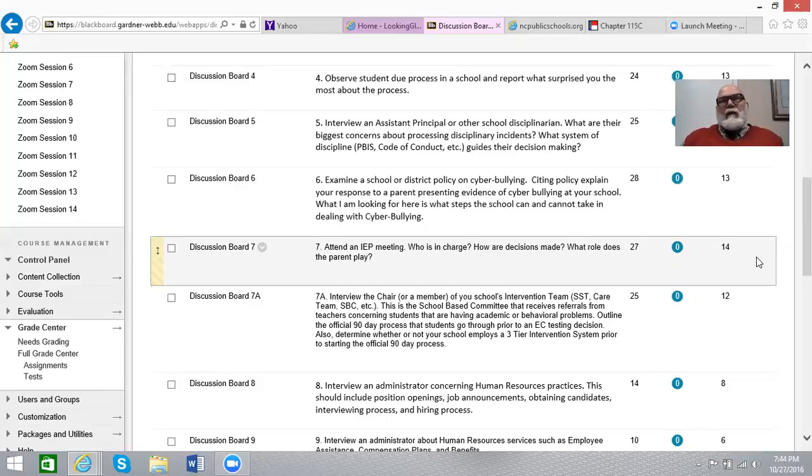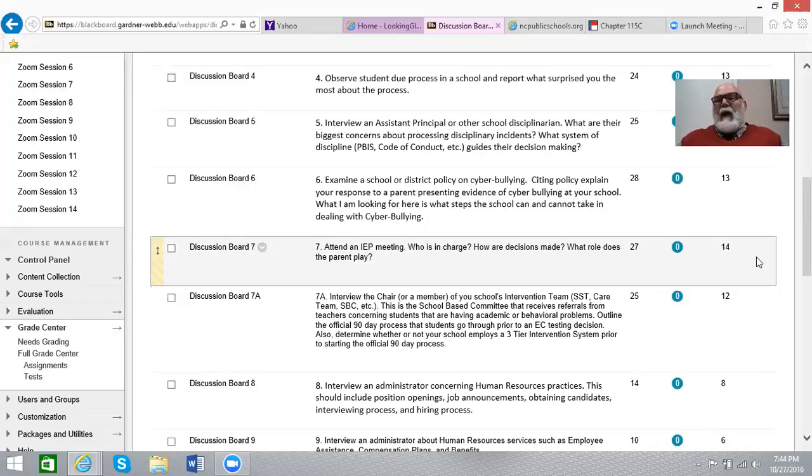I've seen kids, the number 45 strikes me. I've seen EC kids suspended as many as 45 days in the same year, but they were widely disparate incidents. I think one was drugs, one was fighting, one was some kind of sexual misbehavior.